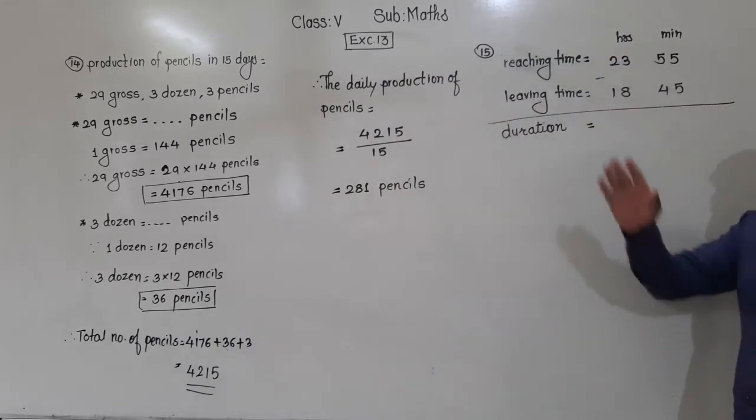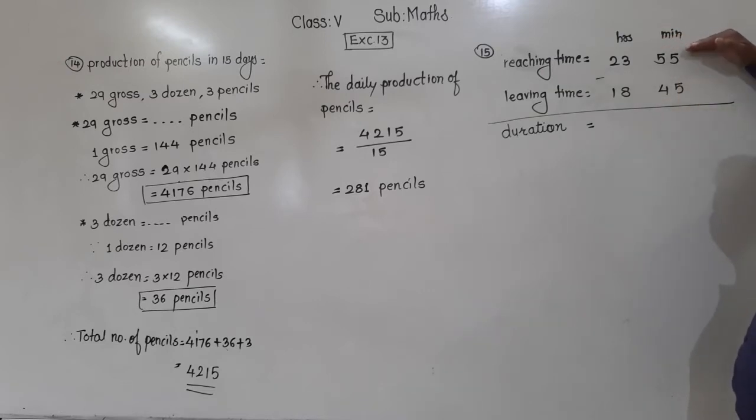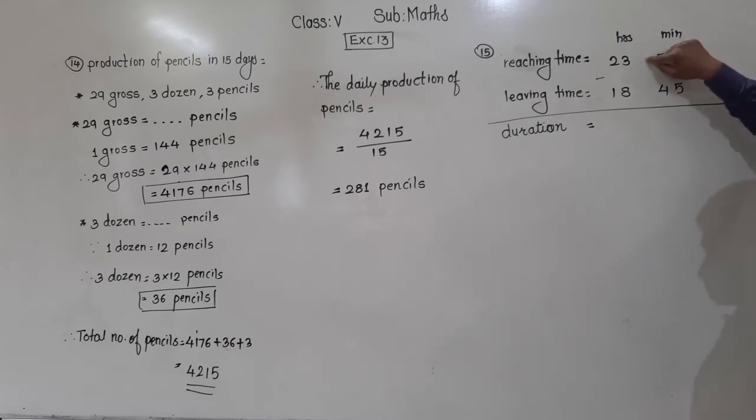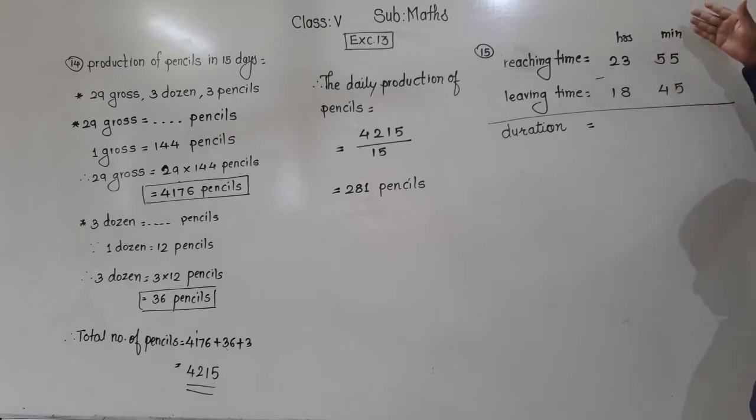While subtracting, first we subtract the minute column. First check the minutes: here 55 and here 45. The number from which we subtract should be greater.